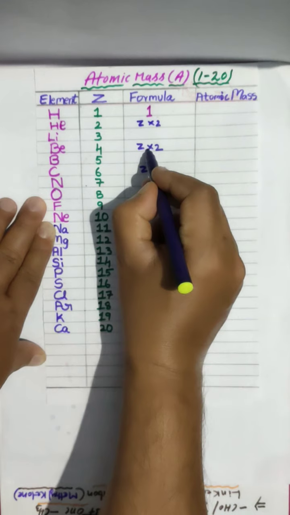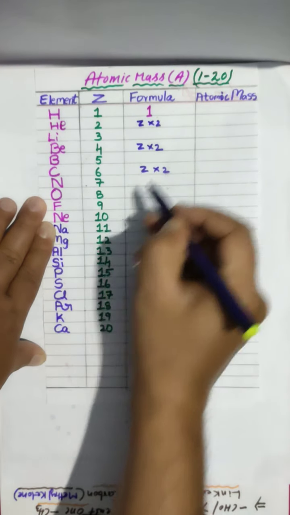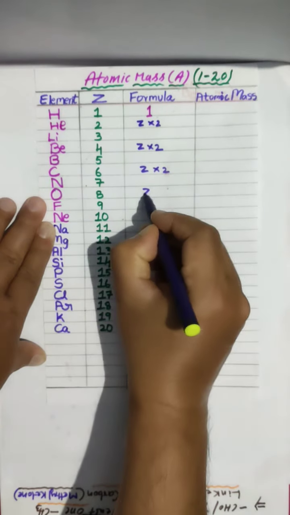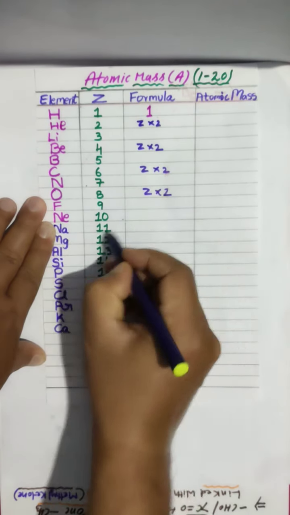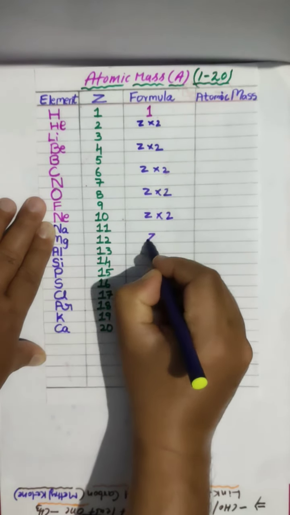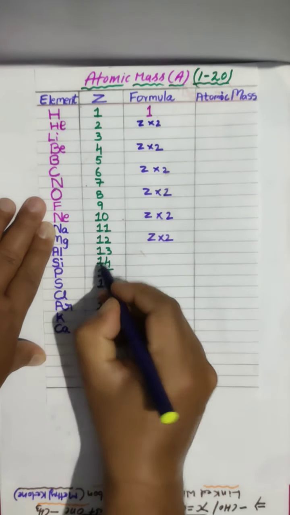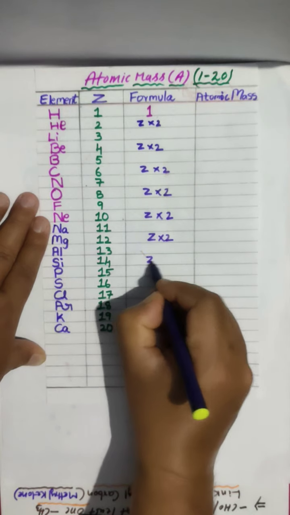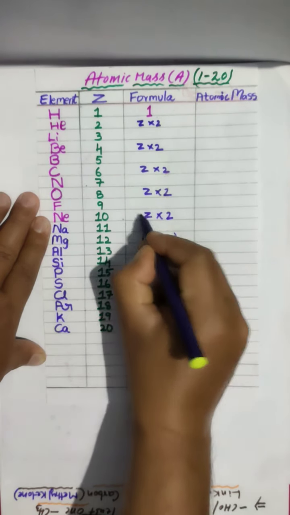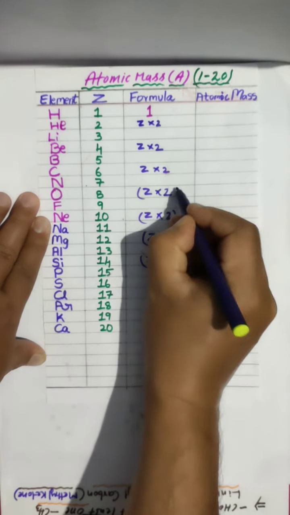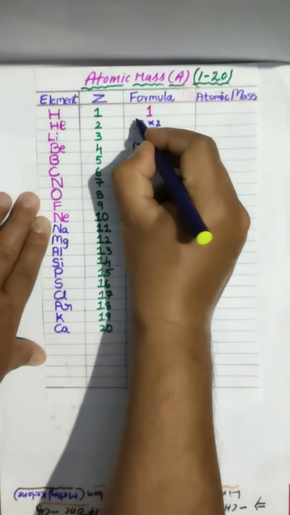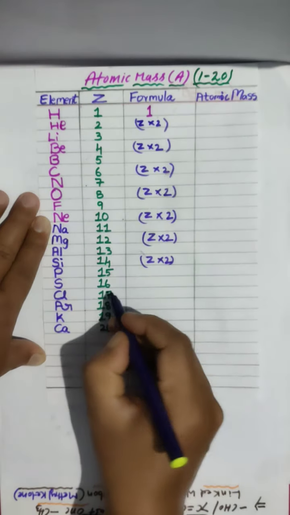But this is an exception. And here we have Z into 2, and here Z into 2, and here Z into 2. And this is an even number, so we use the Z into 2 formula. All even numbers use Z into 2, atomic number into 2.